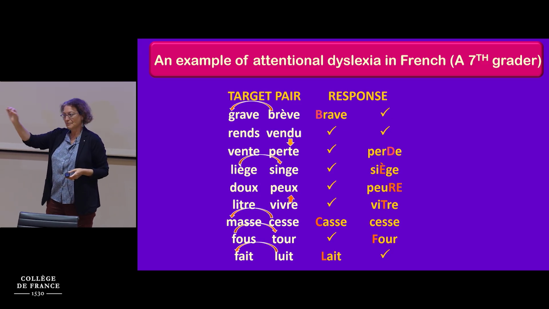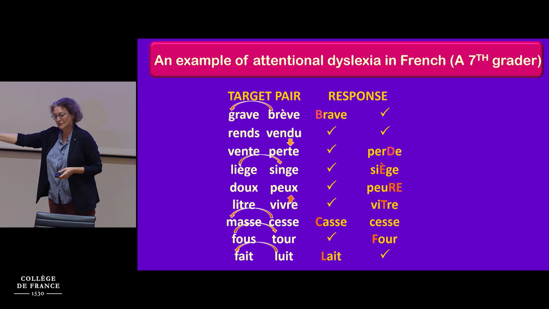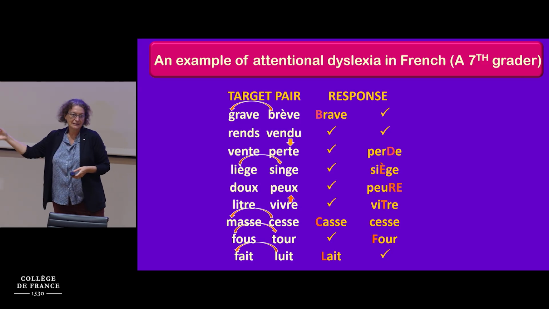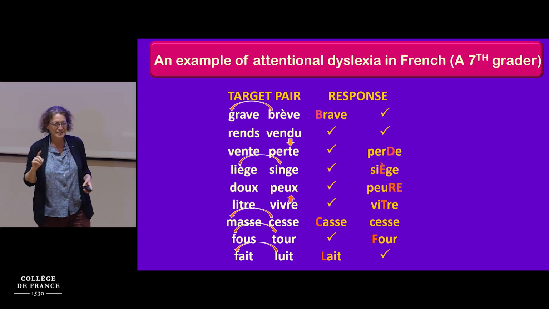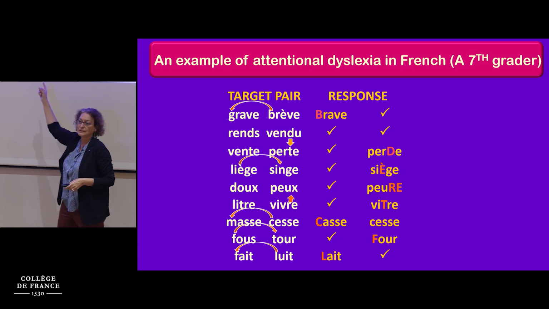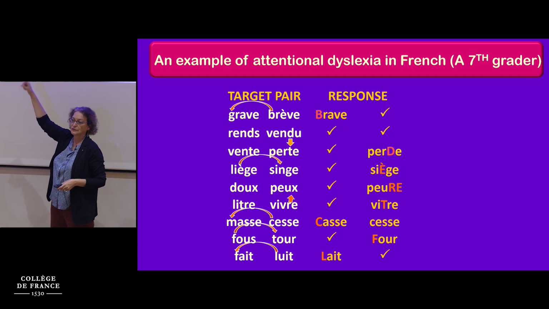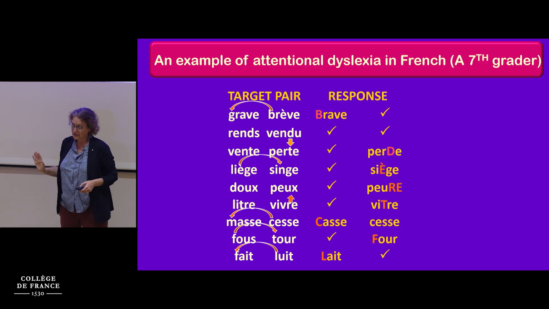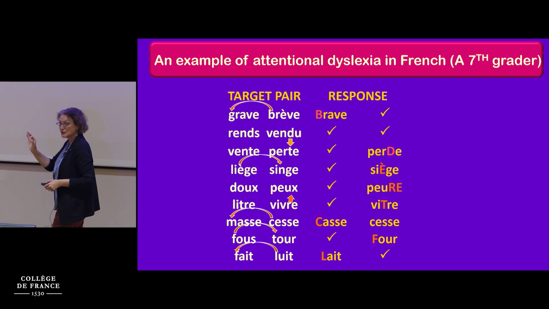And the first letter remains the first letter, just not in the right word. And the last letter remains the last letter, just not in the right word. Do you see that? You see that it can jump from the first word to the second, from the second to the first, from above, from below. This is attentional dyslexia. Migrations of letters between words.